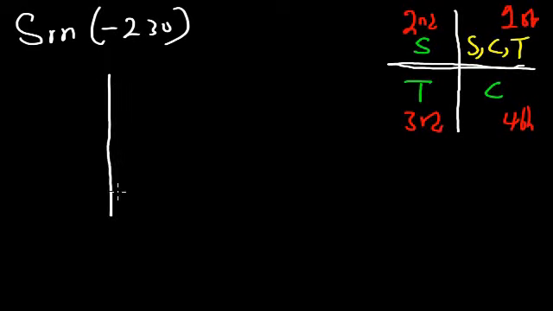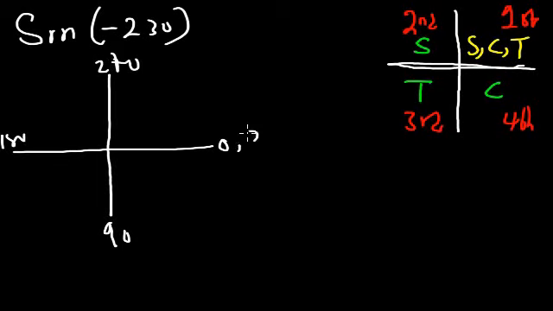Just like before, let's have our plane: 0, 90, 180, 270, 360. Since it is negative, I'm going to move in the clockwise direction, starting from the positive x-axis. So 230 will be closer to 270, but won't reach 270. And that will be this.